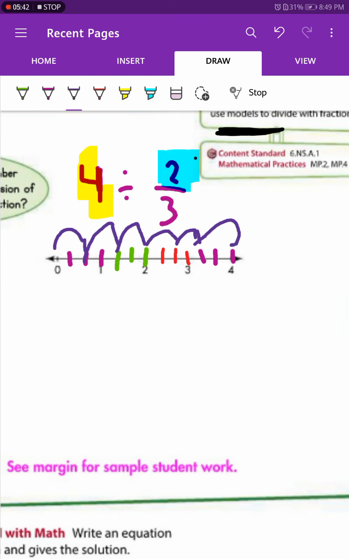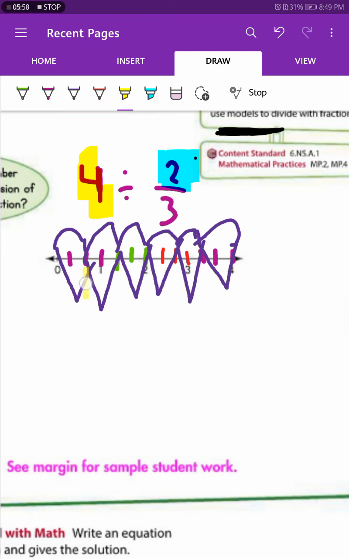Now do it like this. This is 1, this is 2, this is 3, this is 4, this is 5, and this is 6.